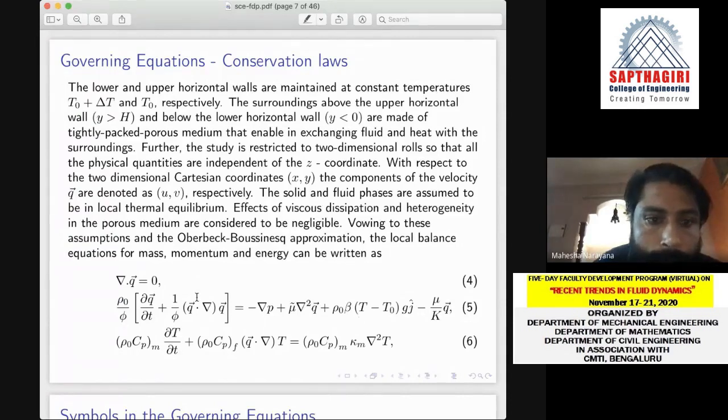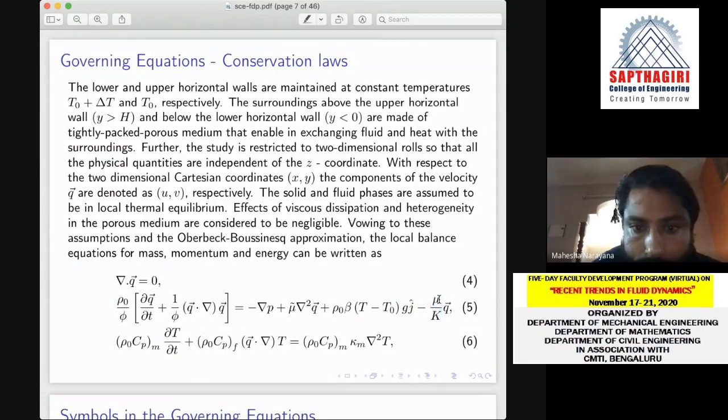Okay, and in these equations, Q represents the velocity vector, and P represents the hydrostatic pressure, mu tilde represents effective viscosity, rho naught represents reference density, beta represents coefficient of thermal expansion, and g represents acceleration due to gravity.